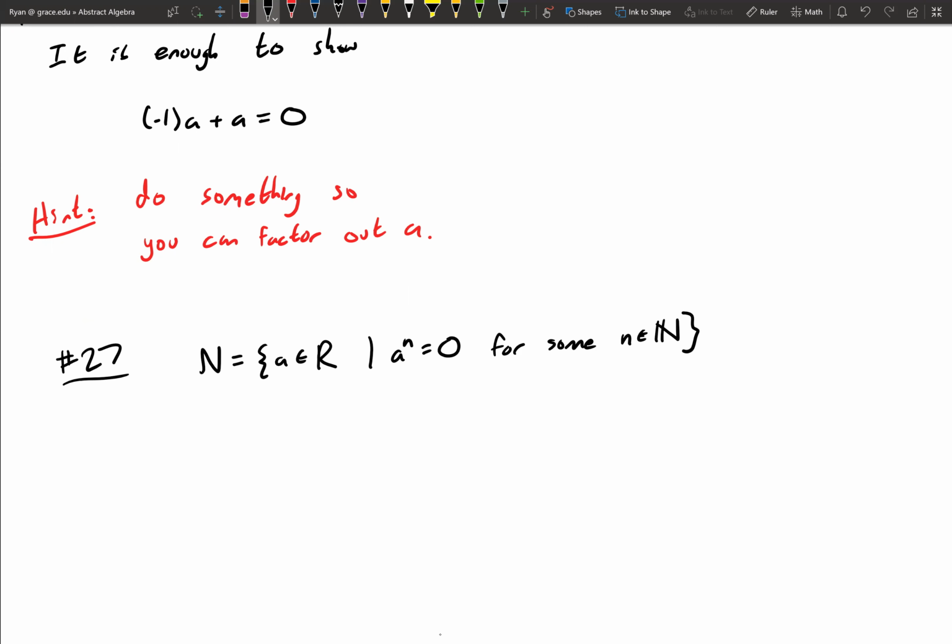Show it's a subring. You have to show three things. One, it's not empty. Show that N contains at least one thing. What do you think that one thing is going to be?